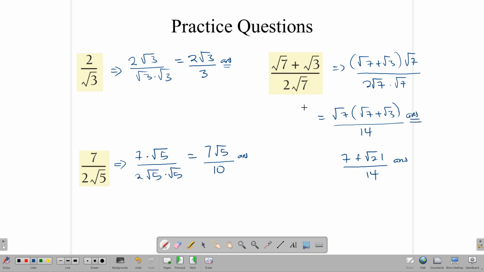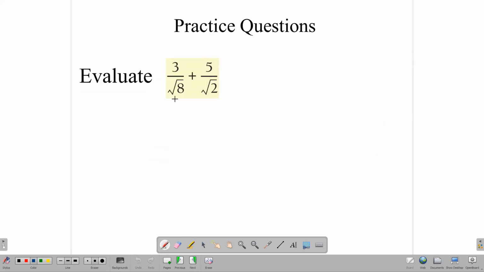So the idea here is that if you want to rationalize a denominator, then what we do is that we multiply both numerator and the denominator by the square root part of the denominator. All right. Let's look at this. Here's a question, 3 over root 8 plus 5 over root 2. So how would we do this? Well, we can start it off first by simplifying each one of these by rationalizing the denominator.